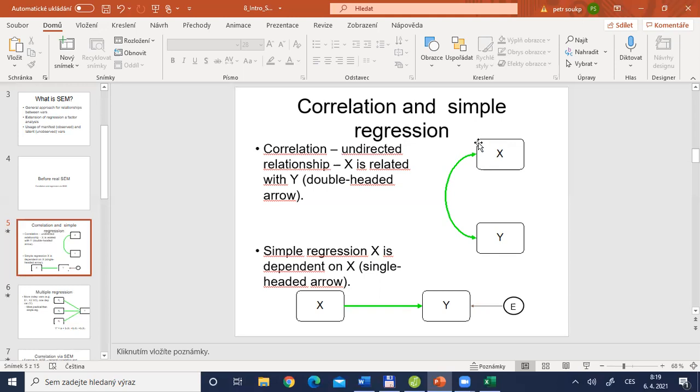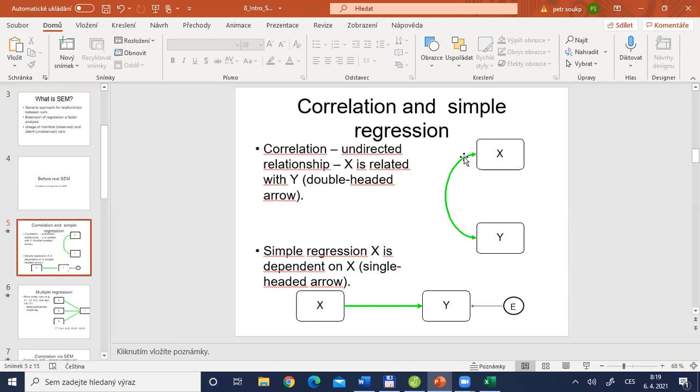So here it means I am computing correlation for two observed variables called X and Y. So that's the correlation model. And before we start to compute anything, it is quite easy to guess that the most important information from the computation for this model would be the relationship, the value related to this double-headed arrow.